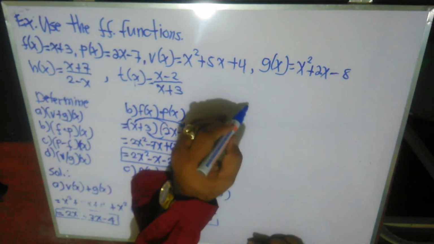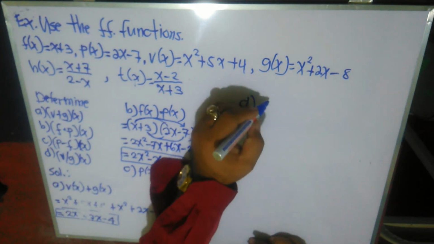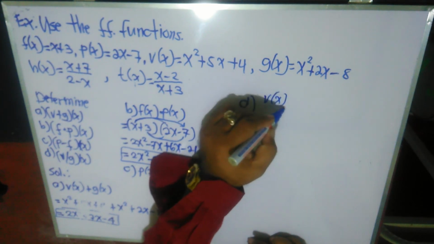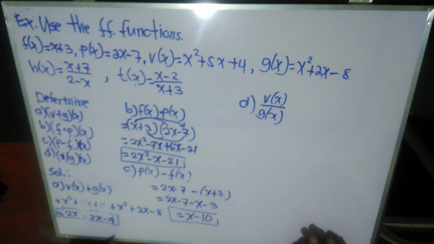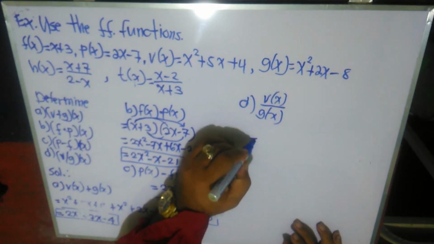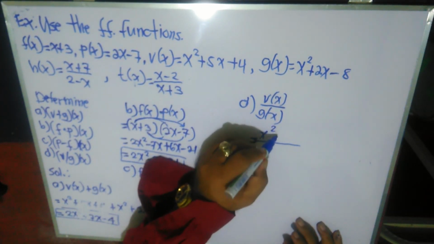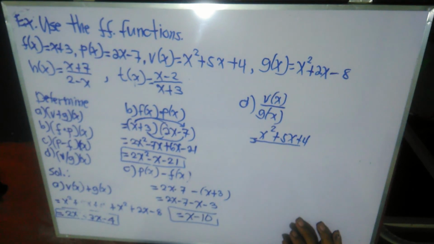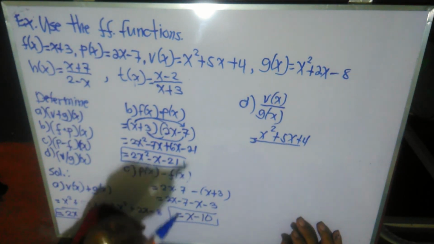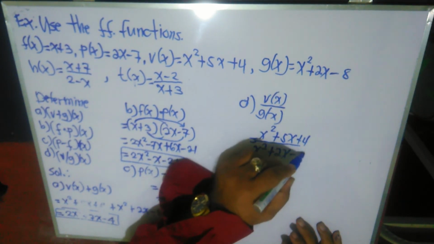Okay, we proceed to letter D, the quotient of v and g. By its definition, it becomes v of x over g of x. Our v is x squared plus 5x plus 4, then our g is x squared plus 2x minus 8.